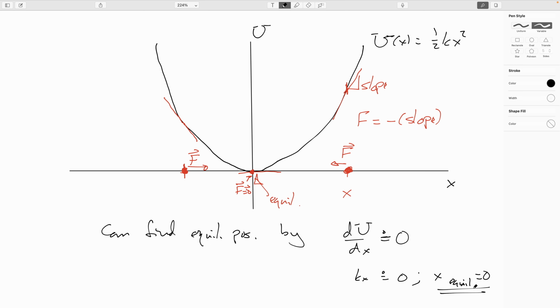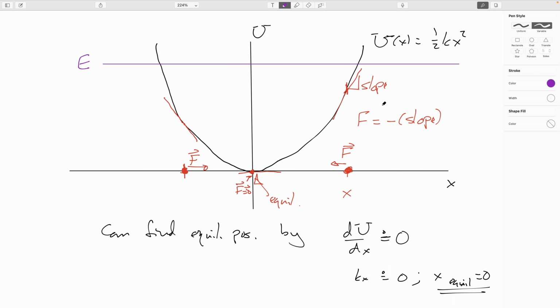But we can do more with this. For instance, we can think more generally about the motion of something by thinking about what our total mechanical energy is. So let's just draw a line right across here and say that this is our total mechanical energy for the system.